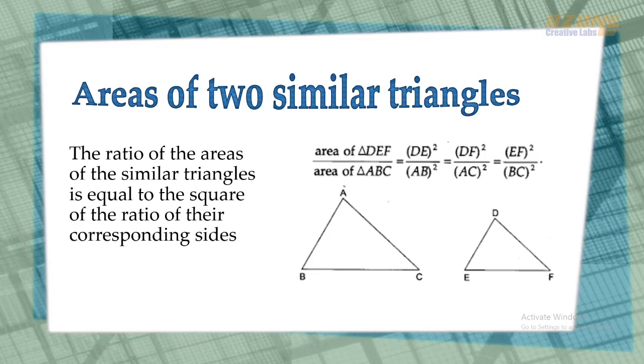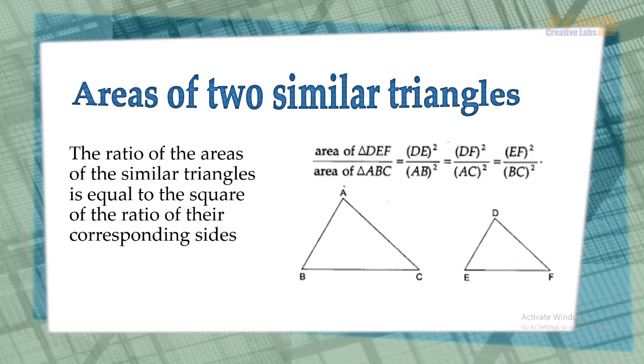Now coming on to area, the area of triangle DEF by area of triangle ABC, we can take by squaring any one of these corresponding sides ratio. So area of triangle DEF by area of triangle ABC is equal to (DE by AB) square or (DF by AC) square or (EF by BC) square.